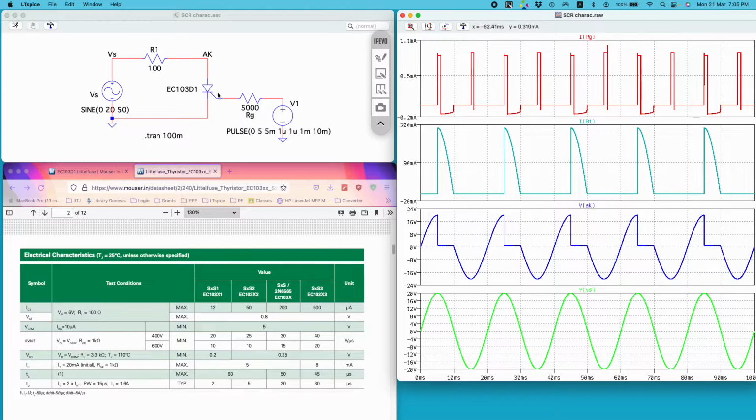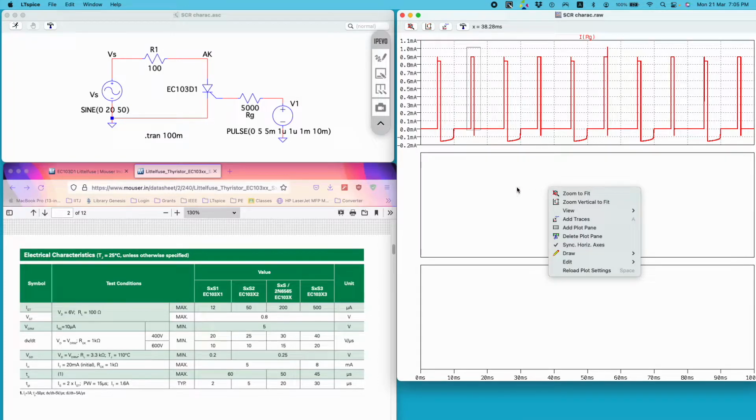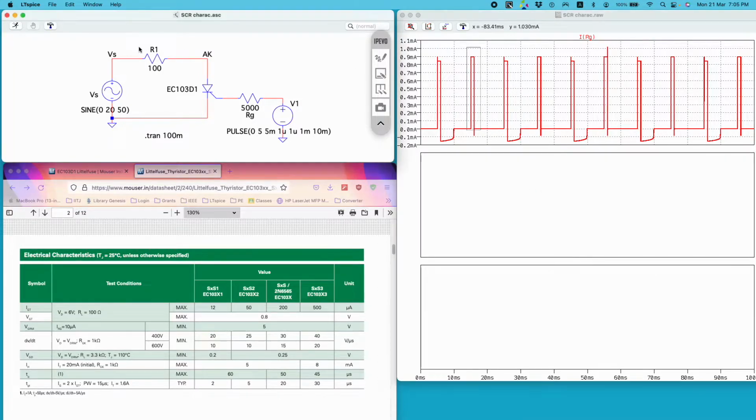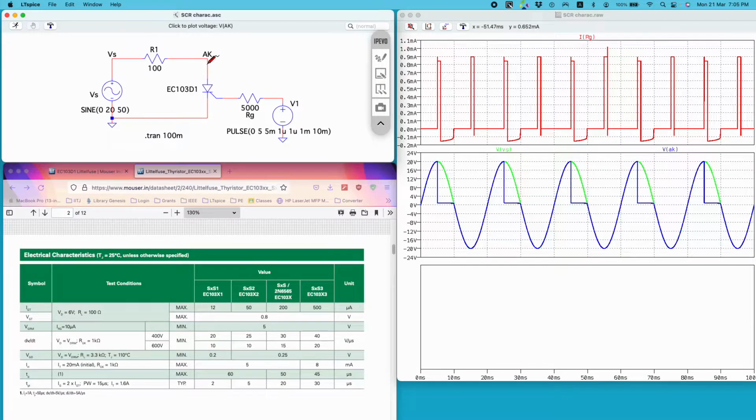So once I inject this gate current, this is my input voltage. Let me just change the sequence of these waveforms. It's best to plot the input voltage below. So this is the input voltage and this is the output voltage.